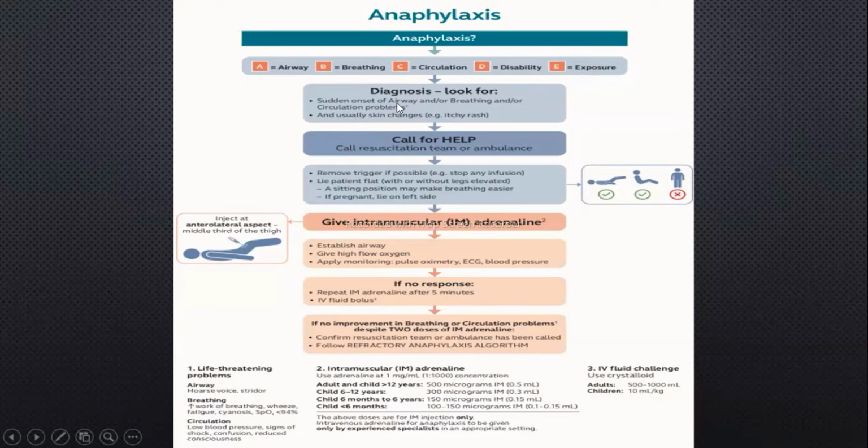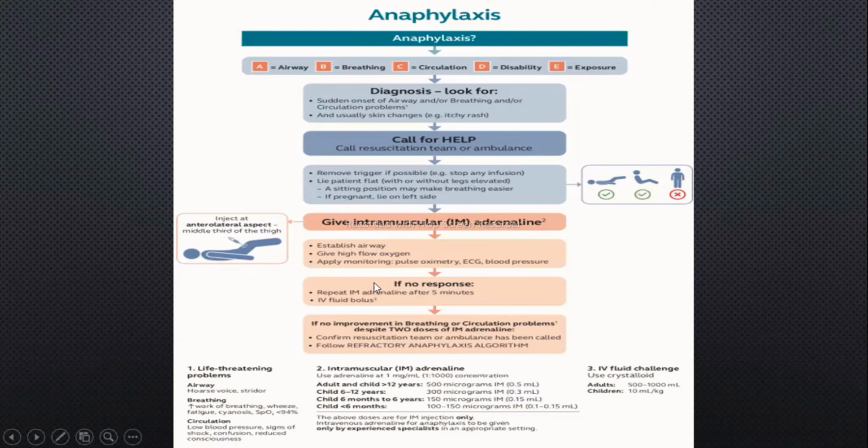If you find any of them and it was sudden, you are talking about anaphylaxis. What you will do, you will inject adrenaline IM in the anterolateral aspect of the middle third of the thigh, and you can repeat after 5 minutes.